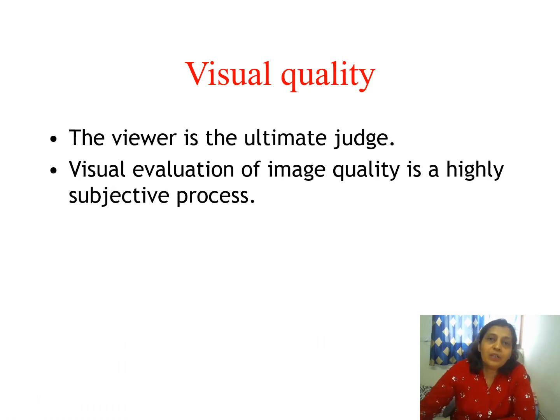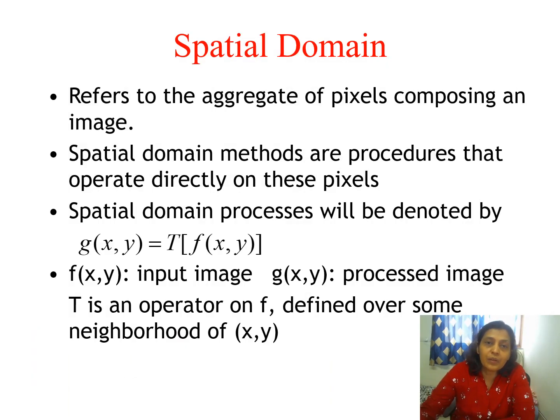As we discussed in the first lecture, the viewer, the subject or the user is the ultimate judge who is going to decide the quality of the image. So visual evaluation of the image quality is a highly subjective process. Spatial domain refers to the aggregate of pixels composing an image.